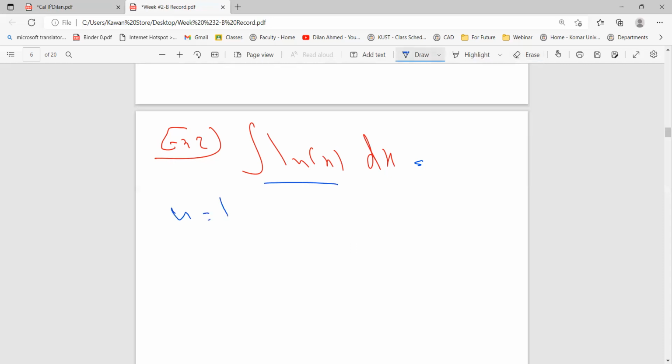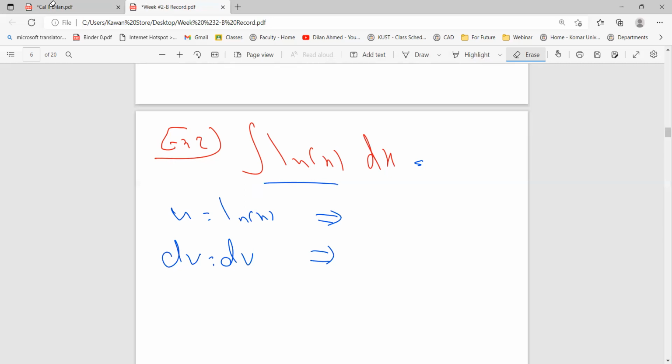Let u be ln of x and dv be just dx. Do not forget this example: the first example in 8.8, improper integrals, has such a thing, so try to learn here to get the idea.